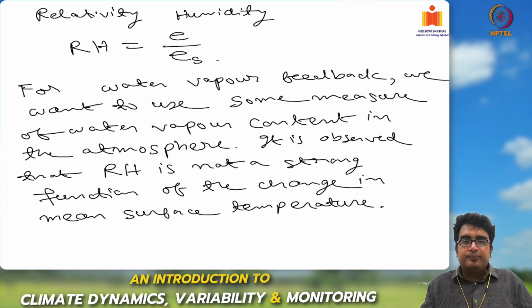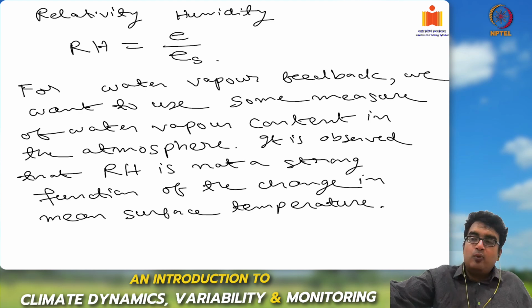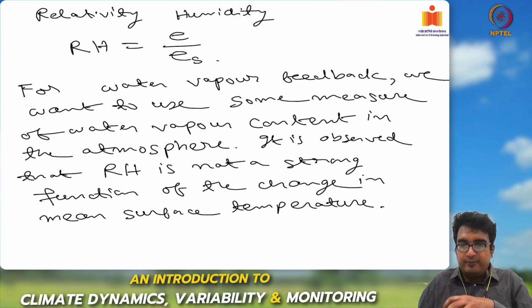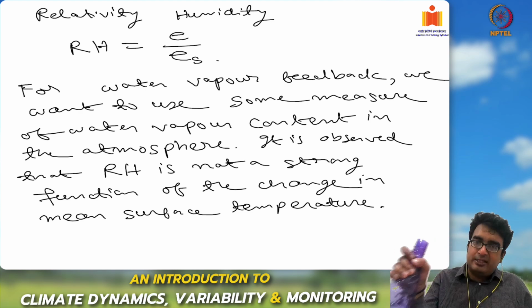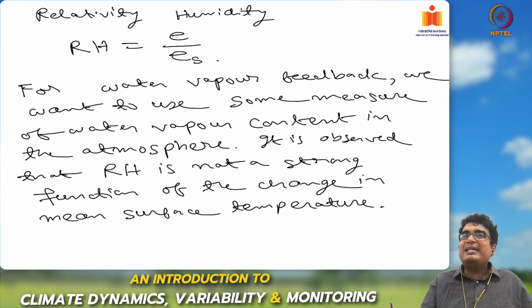Alright. For water vapor feedback, we want to use some measure of the water vapor content in the atmosphere. We find that relative humidity is not a strong function of the change in the mean surface temperature. So relative humidity is relatively independent of the temperature of the climate system.